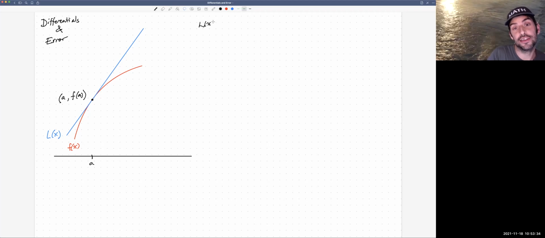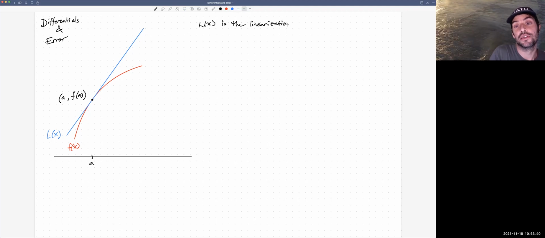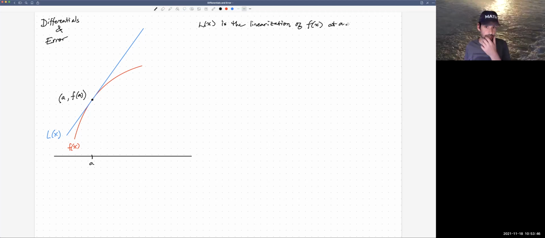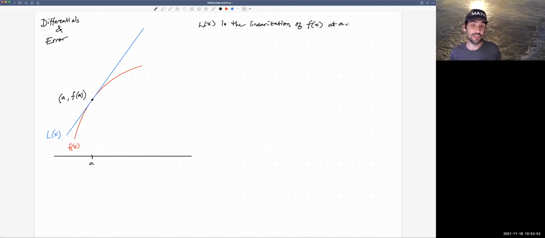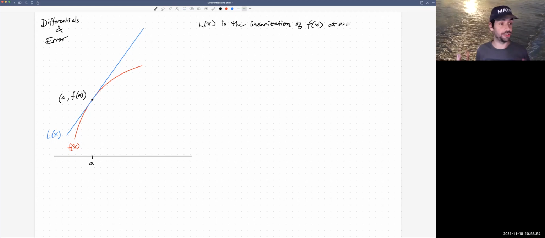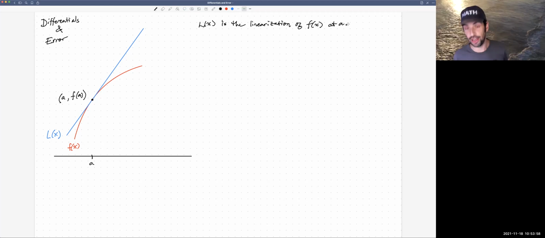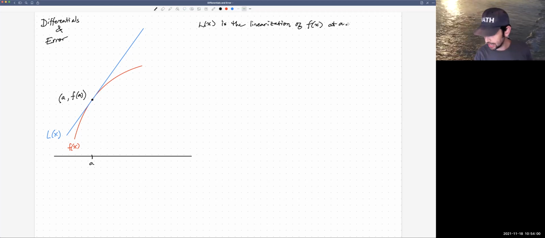L of x is the linearization of f of x at a. But this is just to say it's the tangent line, and we use it as an approximation to f. That's really all we mean by this linearization.